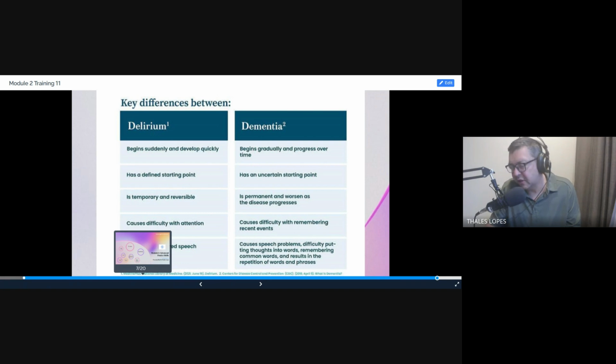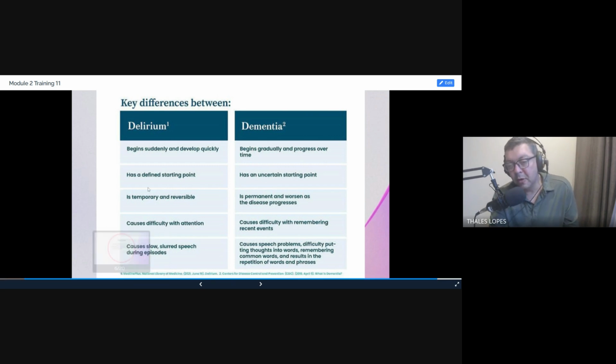We can say, yeah, it started in 2022, but we can't really say when it started for sure. It's permanent. It worsens over time. We have medication for dementia, but it will not reverse it. Delirium is temporary. Most dementia is permanent. There is one that's not, but most of them in general are.